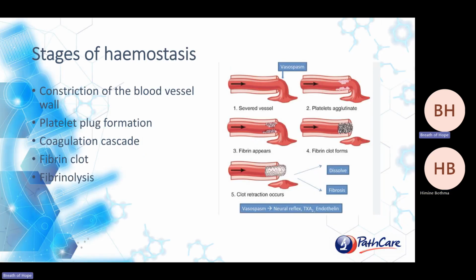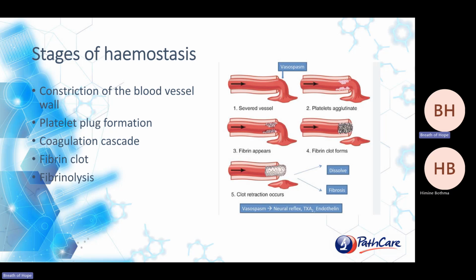Briefly, the stages of hemostasis: it starts off with constriction of the blood vessel wall. So a vessel that's been compromised obviously will constrict to try and limit bleeding. Then you move on to the formation of a platelet plug in order to assist in closing that void.